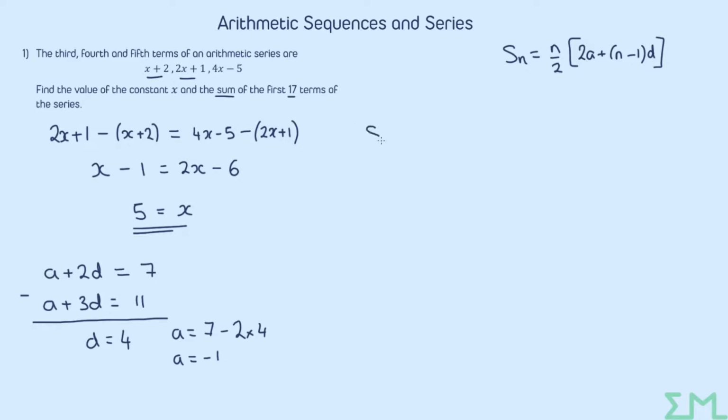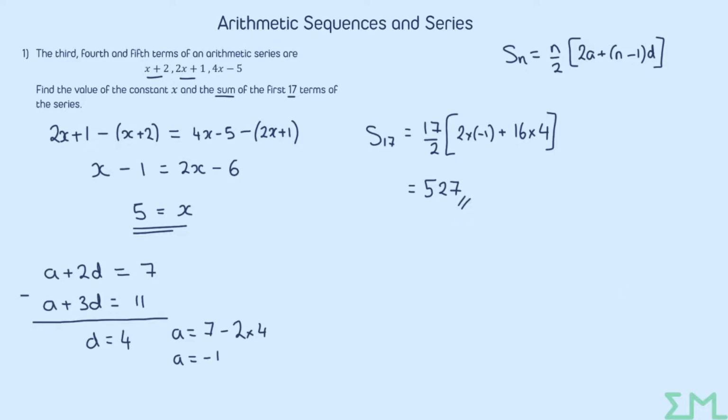Now we can write down the sum of the first 17 terms, that's S17. So it's 17 over 2 times 2 times negative 1 plus n minus 1 is 16 times d, which is 4. And if we work all of that out, we get 527.